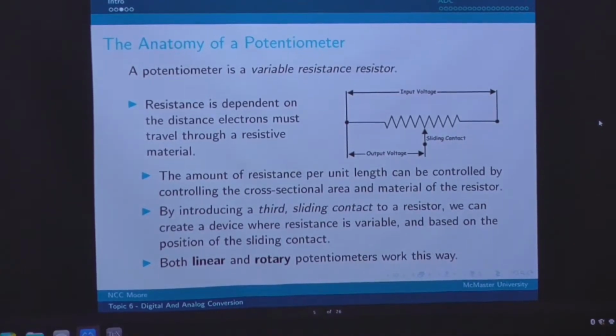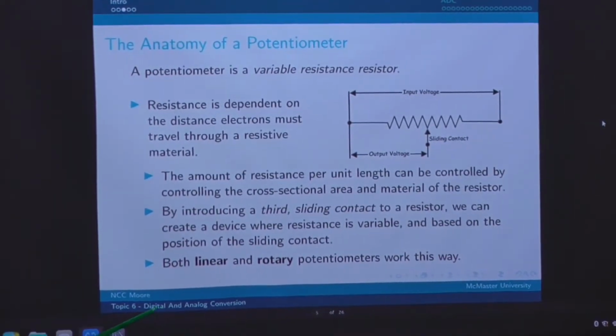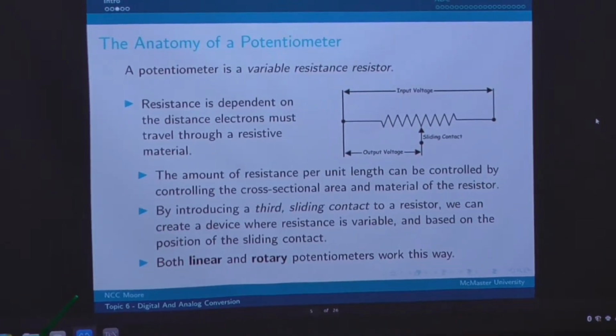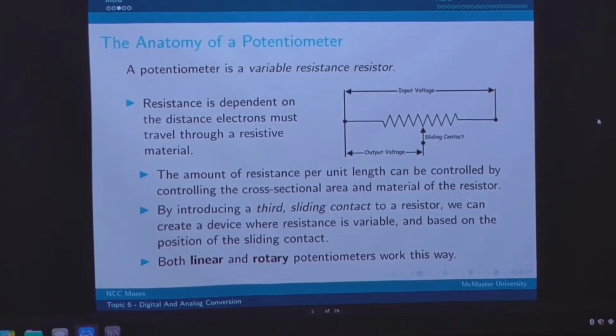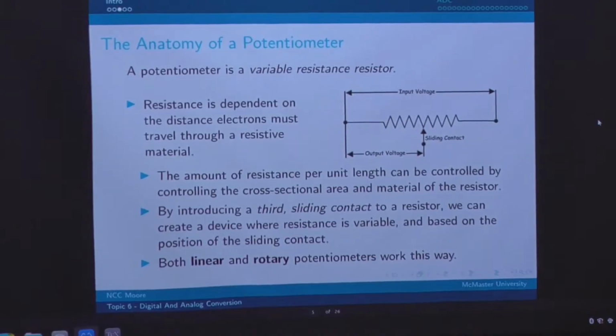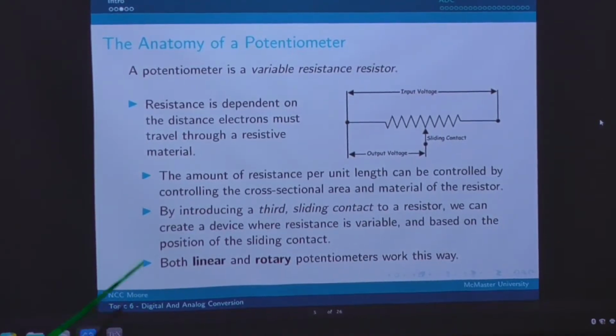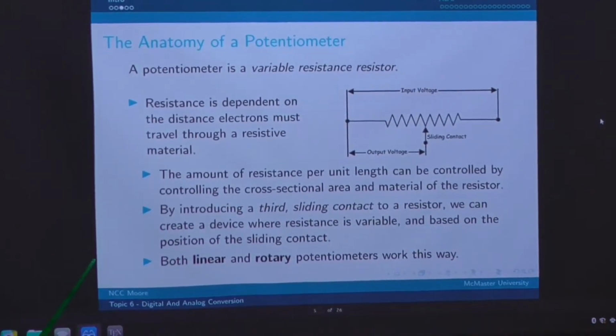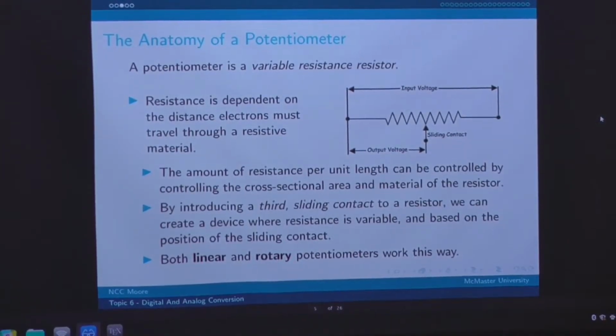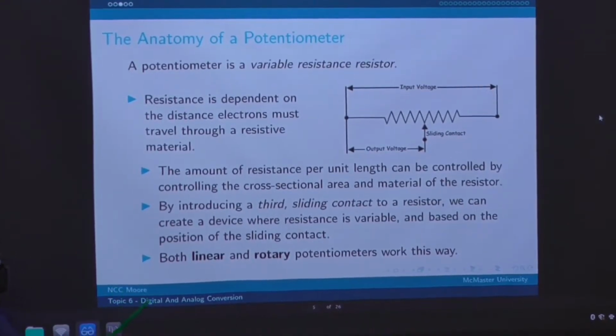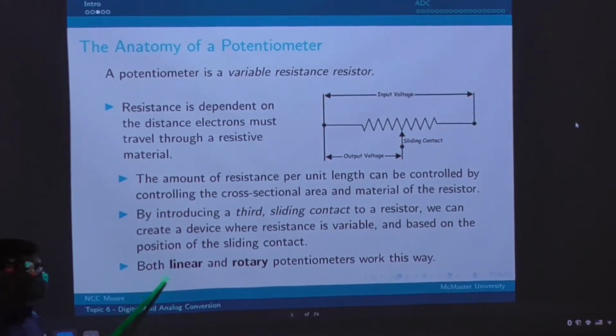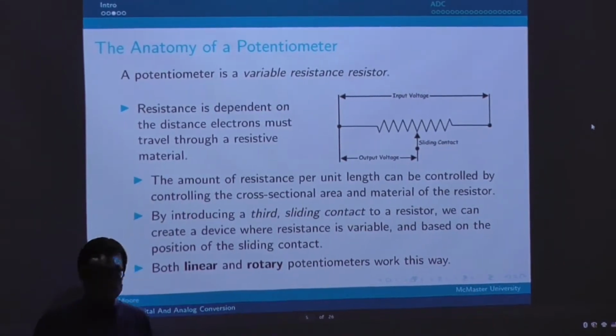Oh, sorry, yeah, okay. So, the amount of resistance per unit length can be controlled by controlling the cross-sectional area of the material and the resistor. By introducing a third sliding contact to the resistor, we can create a device where resistance is variable and based on the position of the sliding contact. Both linear and rotary potentiometers work this way.